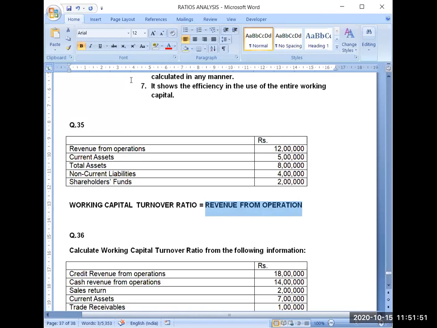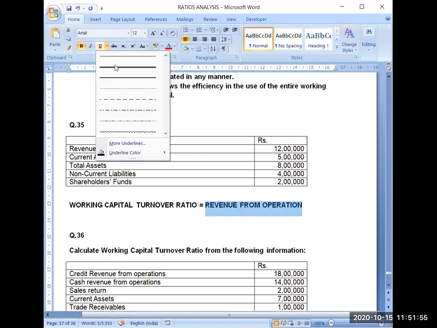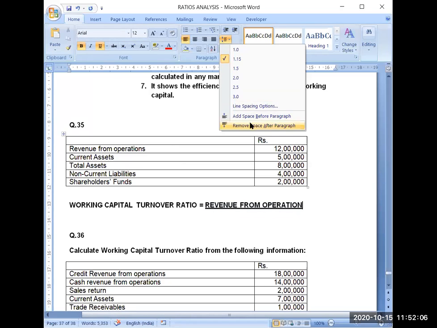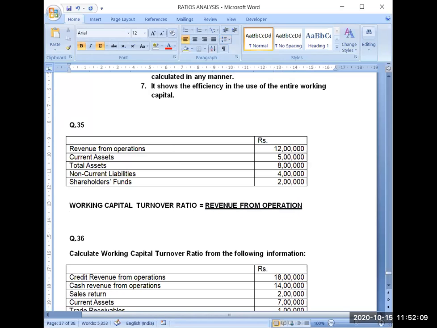The more you write, the more you recite, you will be able to learn the formula properly.